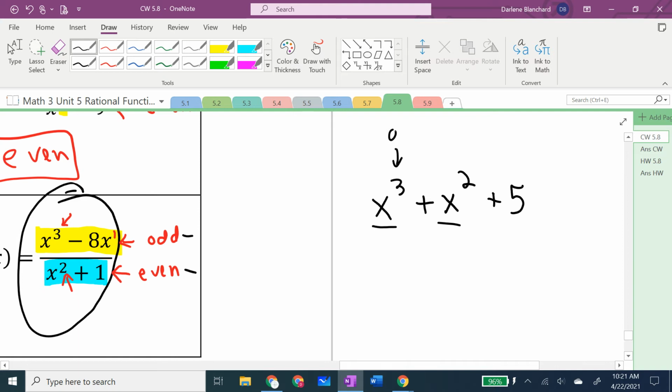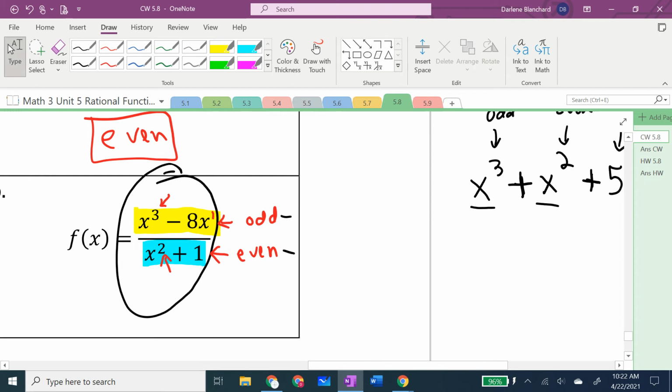So this is showing an odd term. This is showing an even term. This is an even term. If I'm adding or subtracting, I can't add odds and evens and get something that is special. If I add odd and even terms, I'm going to get a neither situation.